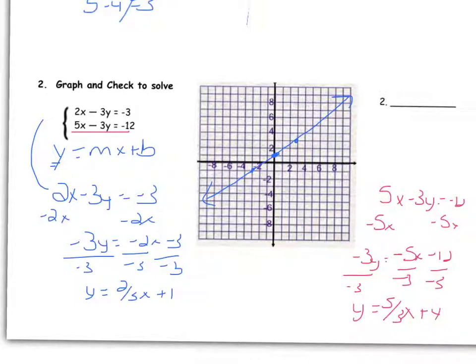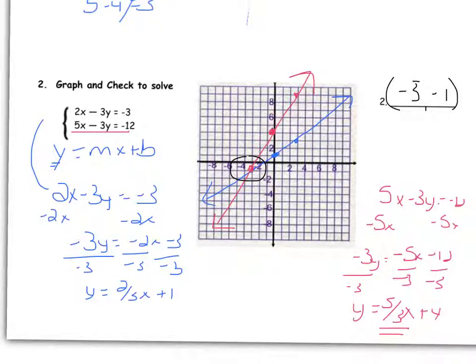So I'm going to come up to the 4, and I have to do the 5/3. So go up 1, 2, 3, 4, 5, and over 1, 2, 3, or down 5, back 3. So I think that this is my solution, which is negative 3, negative 1.